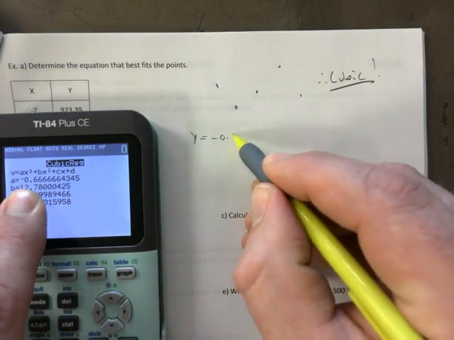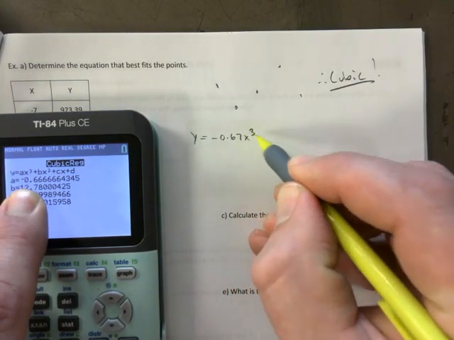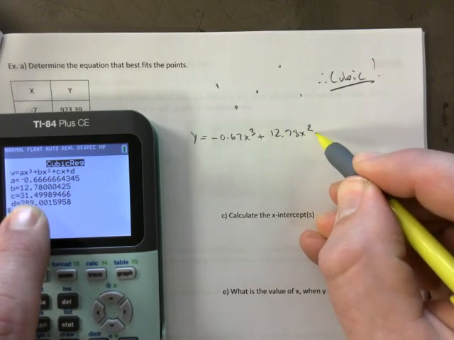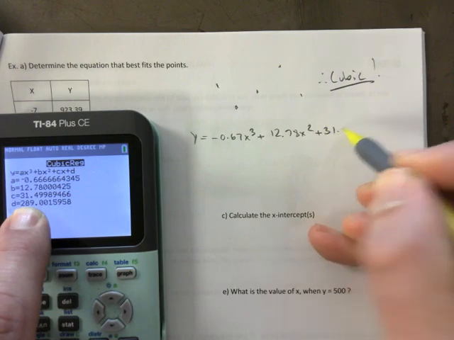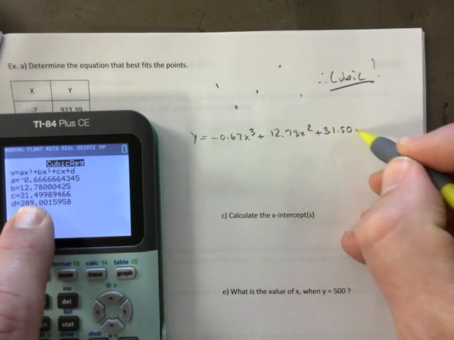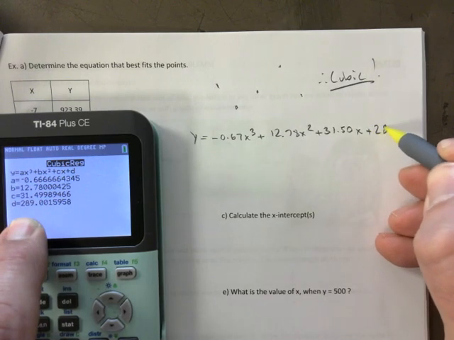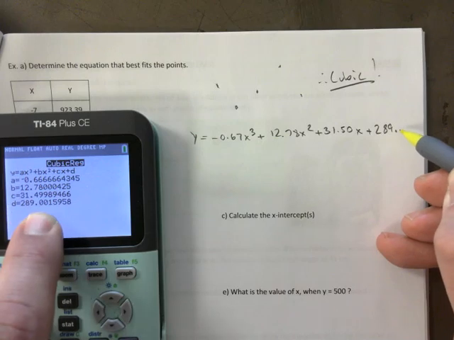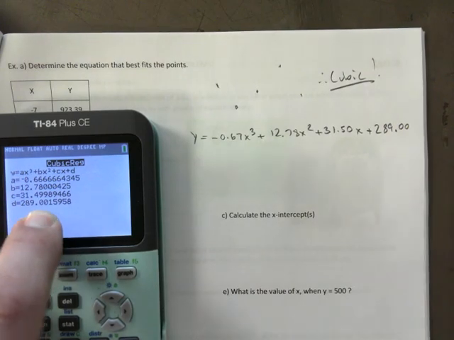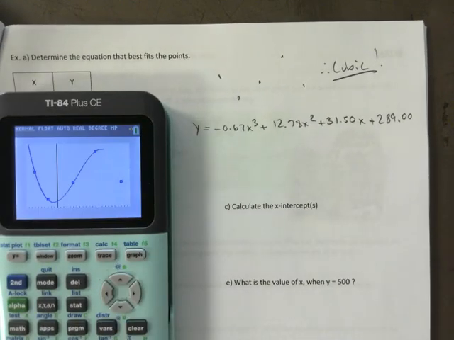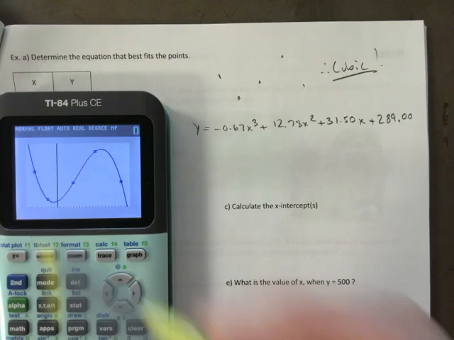So it's negative 0.67x cubed plus 12.78x squared plus 31 point, that would round to 50, right? X plus 289.001, so that's technically 0. And if you hit graph, you should see that it's going through the points. It's a pretty good fit. We're good, we're in business, right?